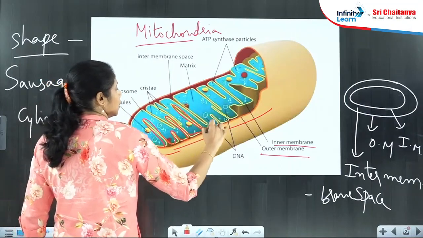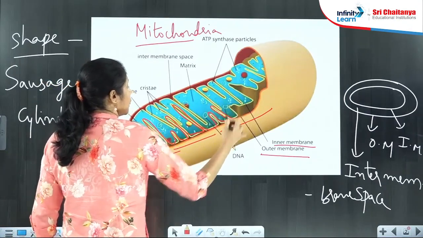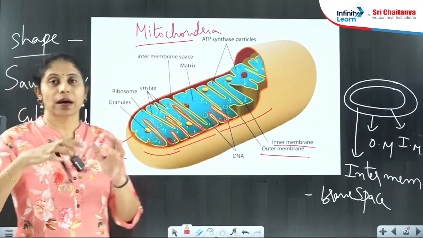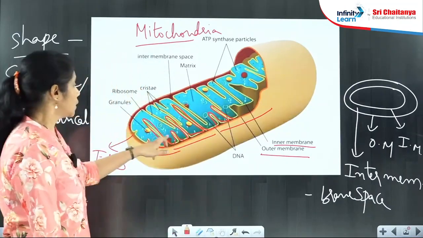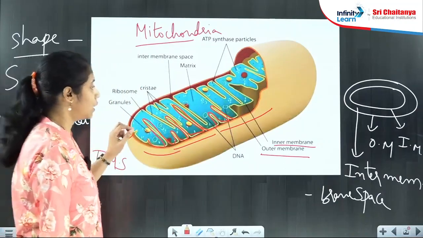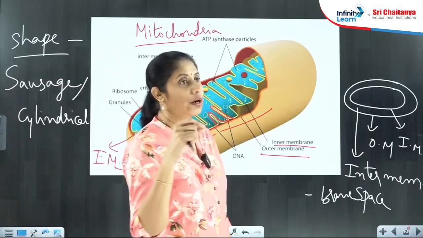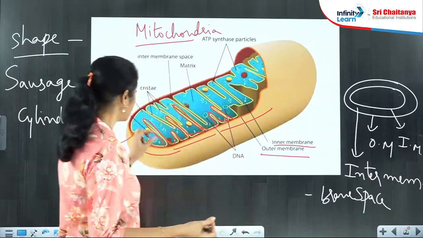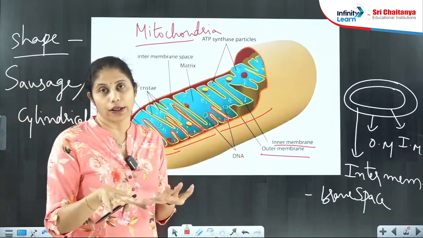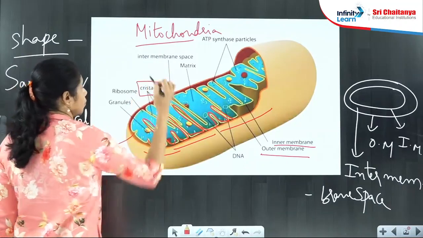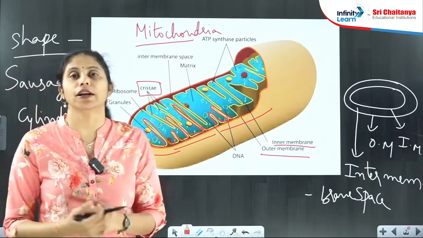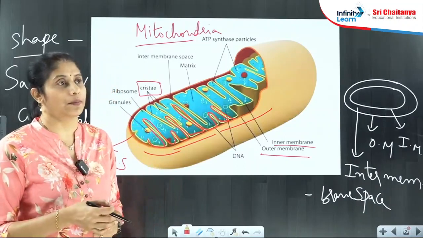The inner membrane is not continuous because it shows some finger-like projections or infoldings. That infoldings are called as cristae.